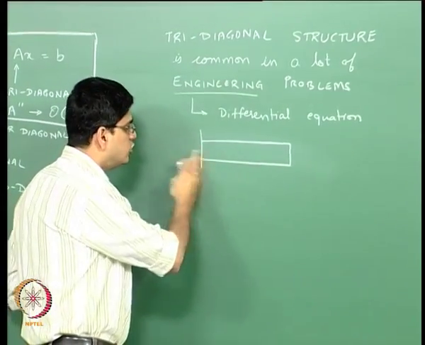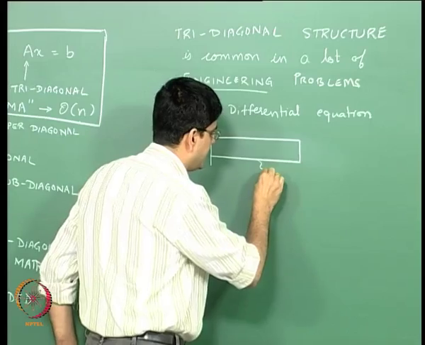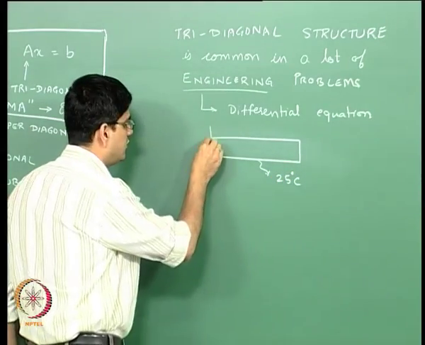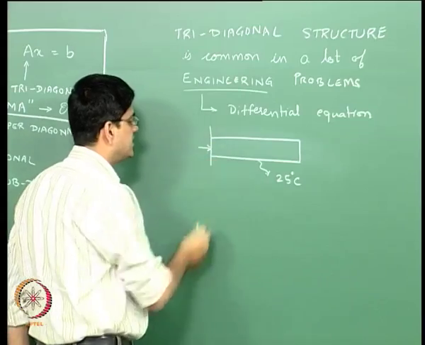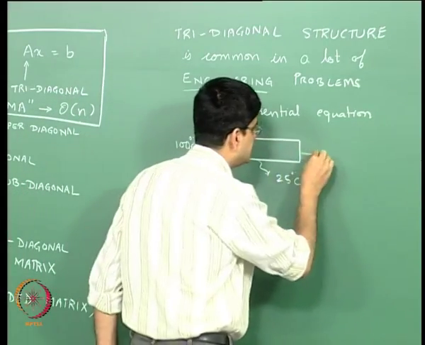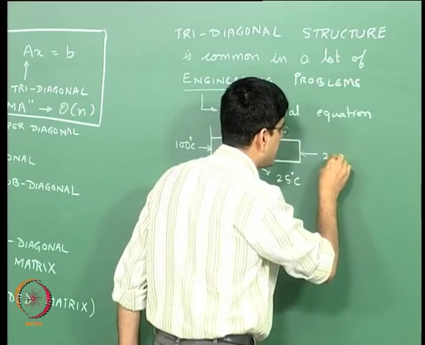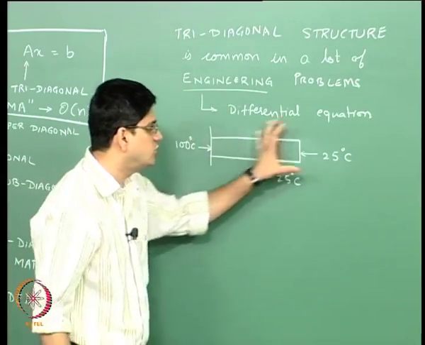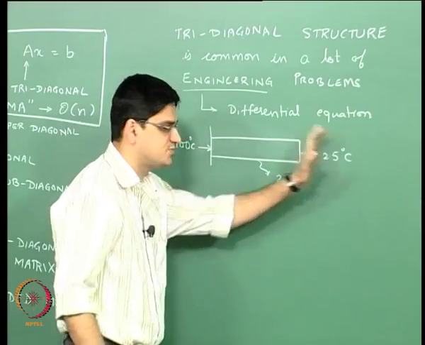that is losing heat to the surroundings, and let the surroundings be at 25 degrees Celsius. One end of the rod, let us say, is heated and kept at say 100 degrees Celsius, and let us say the other end of the rod is kept at 25 degrees Celsius, and we want to find out how the temperature varies in this particular rod.